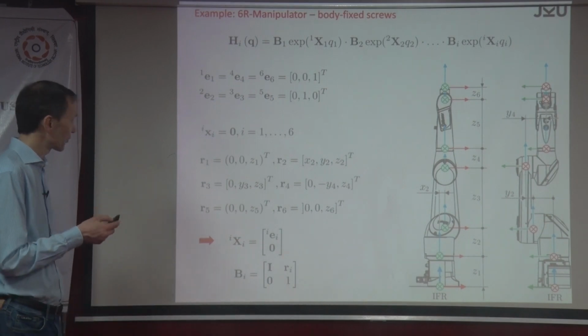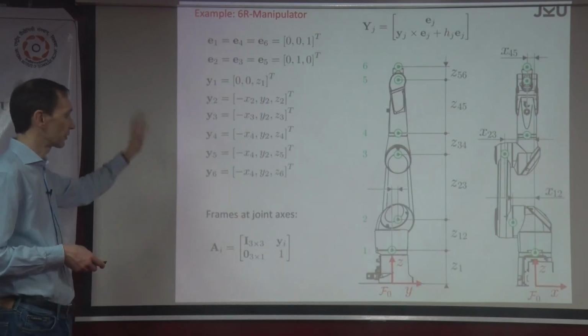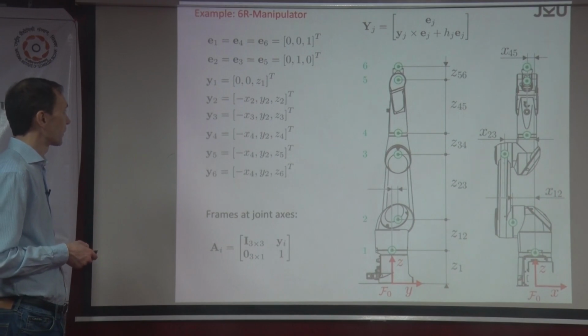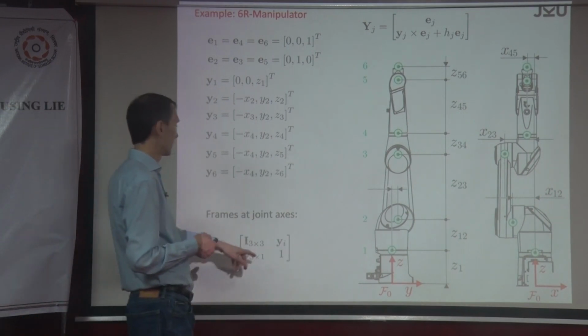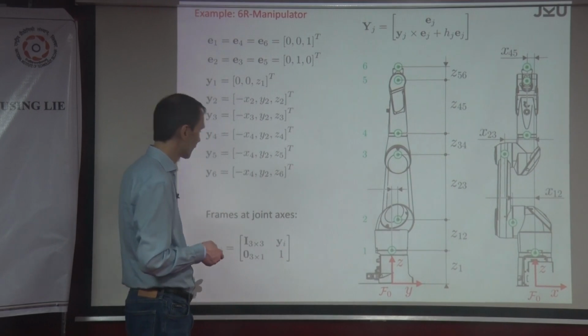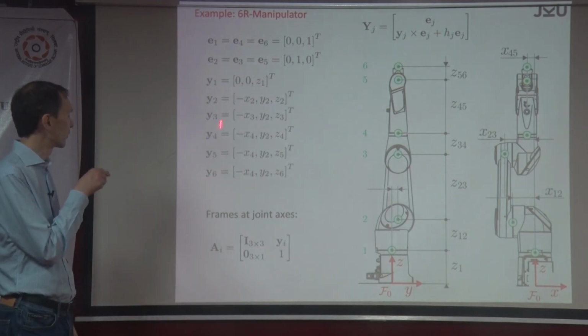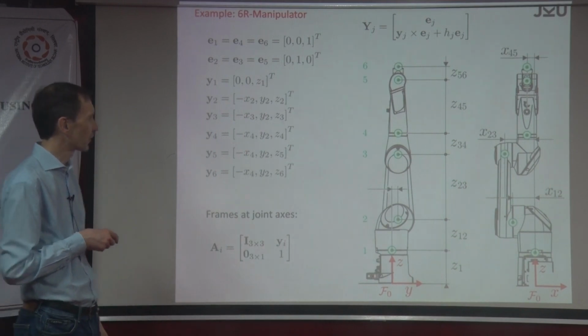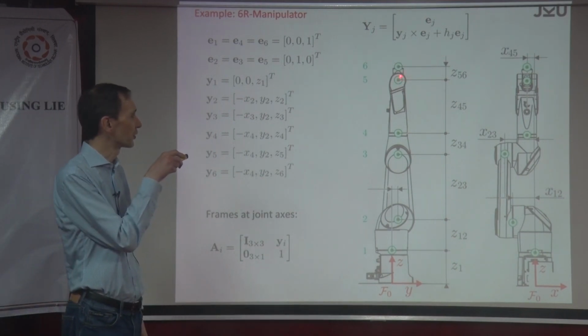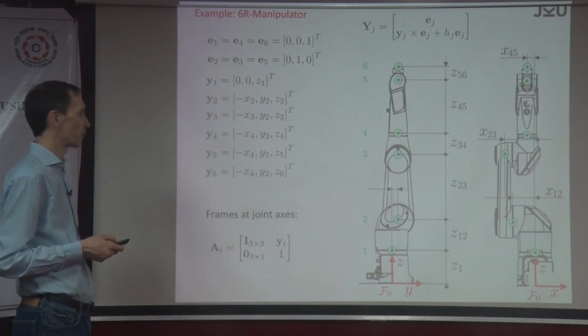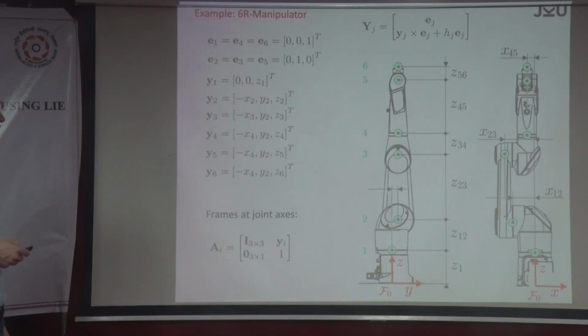By the way, the reference positions are actually equal to the position vectors on the joint axis, simply because the frames are actually on the joint axis. This is how they define it, which is even simpler.